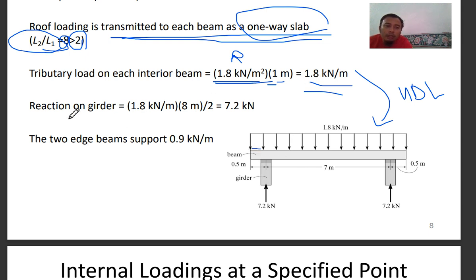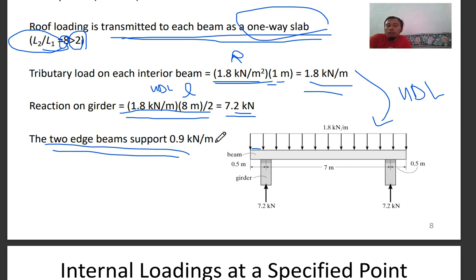And then the reaction on the girder is simply 1.8, which is the UDL, times 8 meter, which is the length, divided by 2, then you get 7.2 kilonewton. And the edge beam supports 0.9 kilonewton per meter.